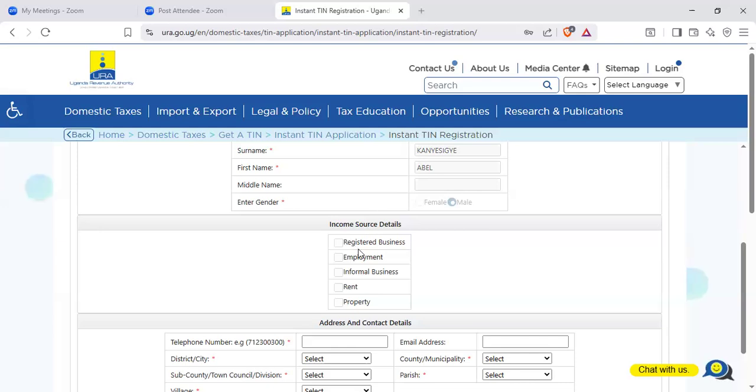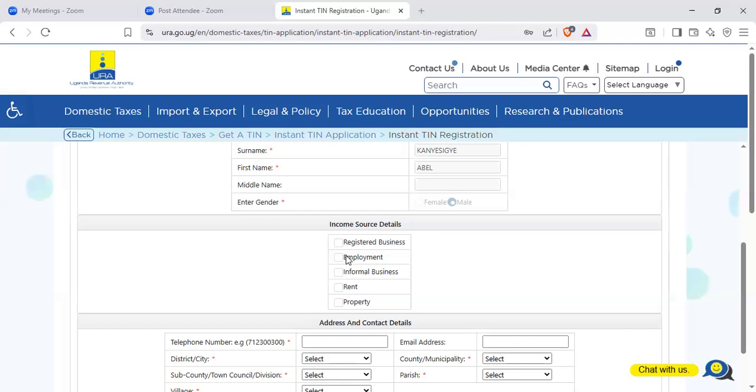Reason being, it could be a transaction that requires a TIN. You don't have a source of income, but you're doing a transaction that requires a TIN. That's why they didn't make this section compulsory. Not every individual has a source of income.